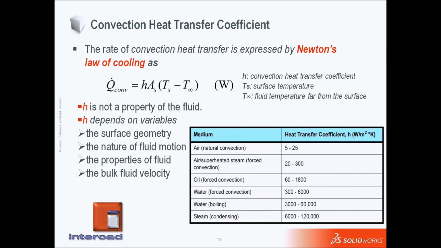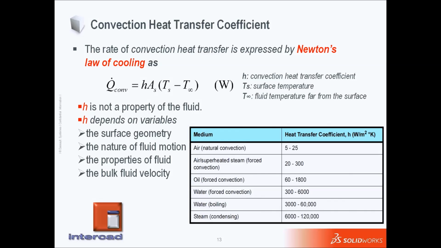Therefore, a close analysis of the fluid motion around our solid plays an important role in estimating the H value. With more turbulent flow, we have better H values. With less energetic flow, we get a lower magnitude of H. So it can be very complicated when you're trying to estimate H values.